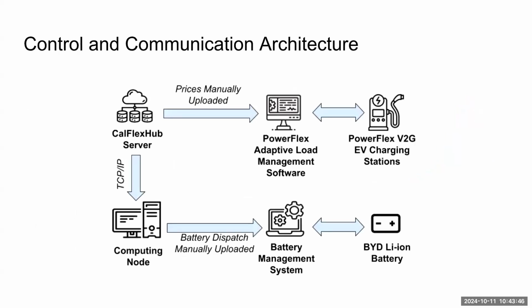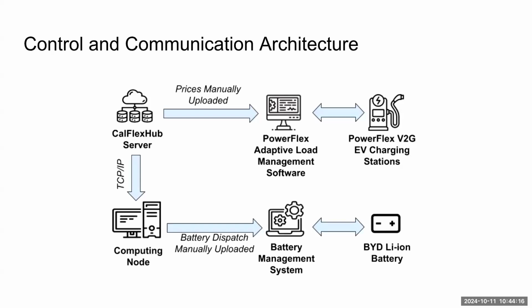Okay, then we try to get this system to work in a more automated way to control these batteries and the EV charging stations. So CalFlexHub has basically a price server, and that's again trying to be a model for the future where we have one price server that's operated by the grid operator, and then they push out the prices. Anybody can download those, any API can access those prices, and then you can pass them on to the consumer.